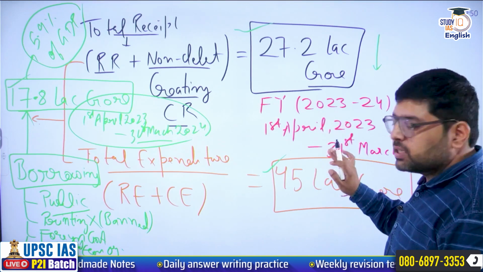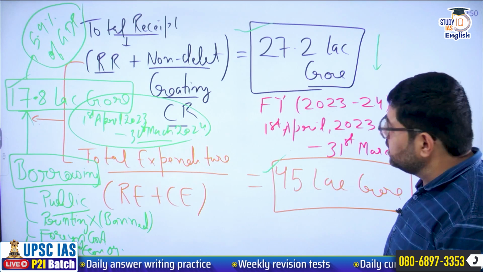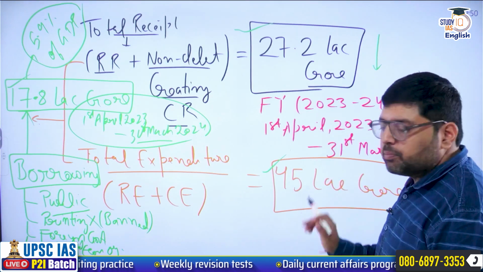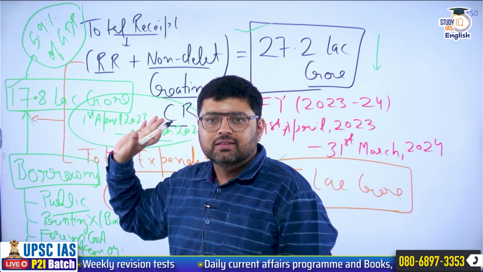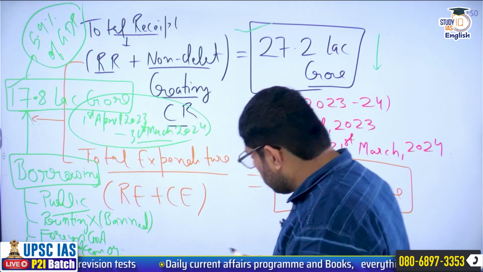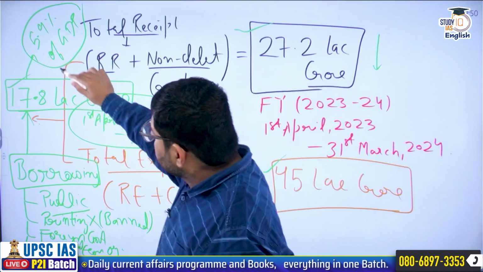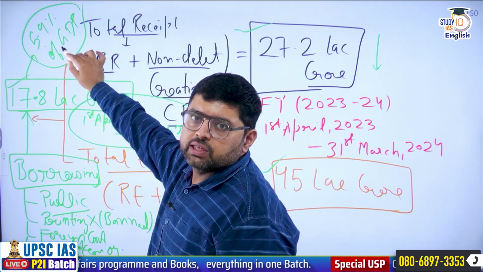So, assume that receipts have decreased, but expenditure has increased in this time period. So, ultimately my total overall borrowing will increase. So, it means in that scenario, my fiscal deficit will be more than 5.9% of GDP.